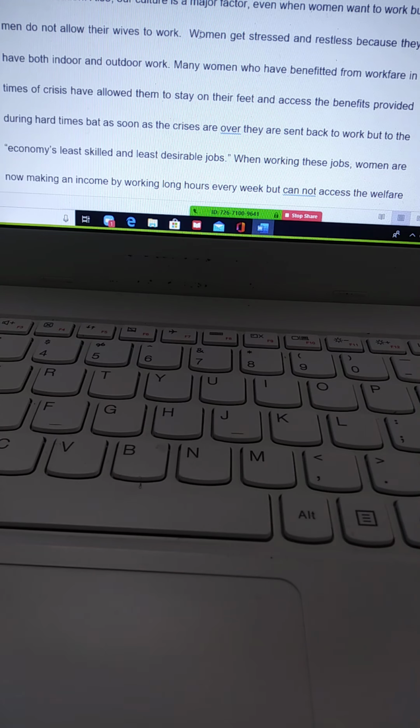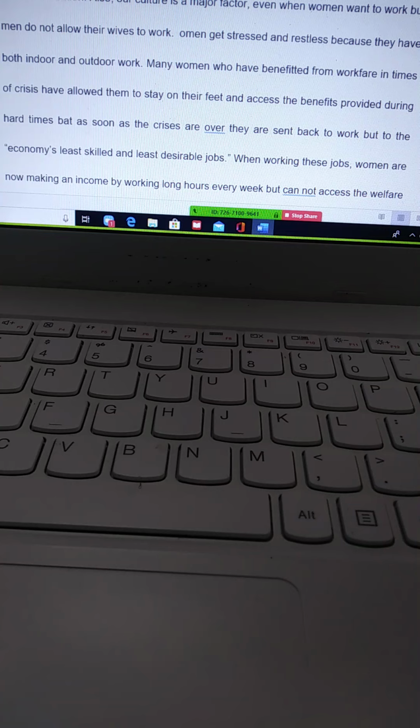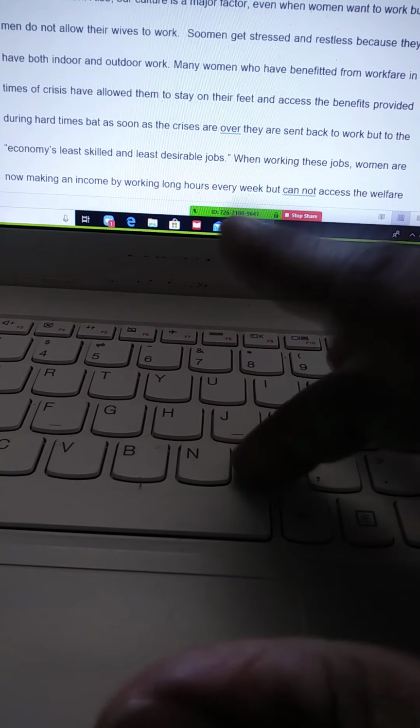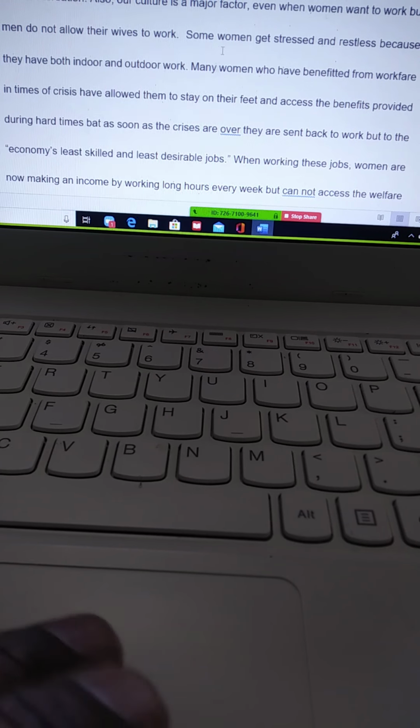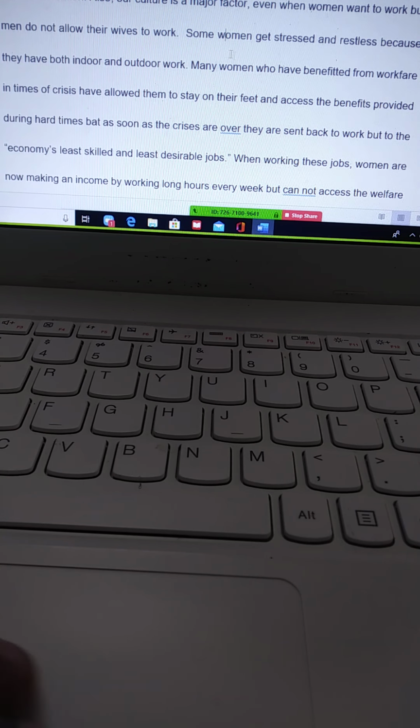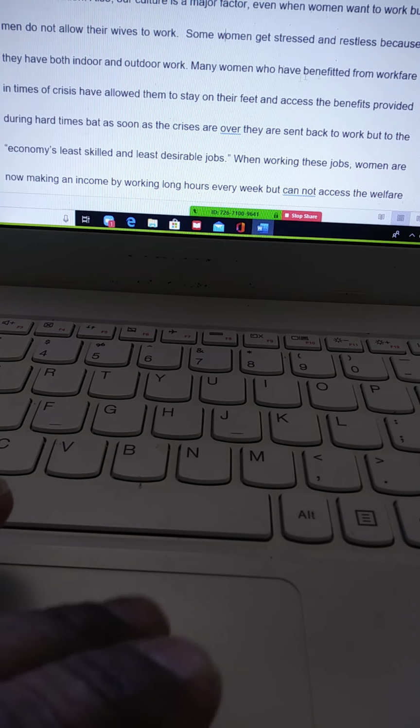Is it a result, maybe? Let's say some women get stressed and restless because they have both indoor and outdoor work. Many women who have benefited from workfare in times of crisis have allowed them to stay on their feet and access.